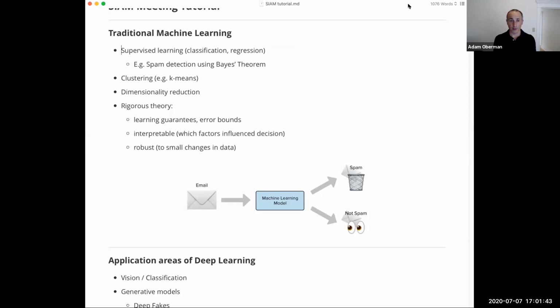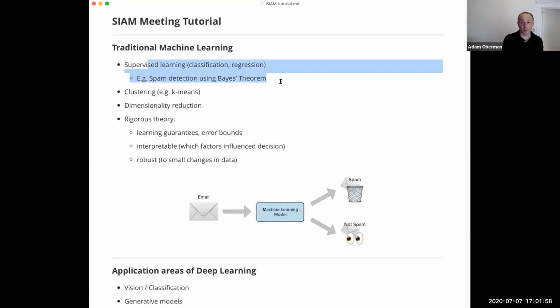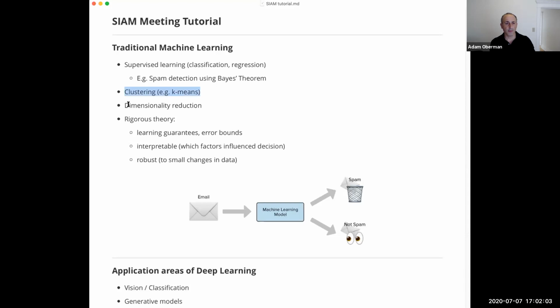Good. So let's start. At the beginning of the tutorial, I just wanted to compare deep learning to traditional machine learning. Some of the things we know from traditional machine learning are examples like supervised learning, like spam detection using Bayes' theorem with probabilities, clustering like k-means clustering, and dimensionality reduction.